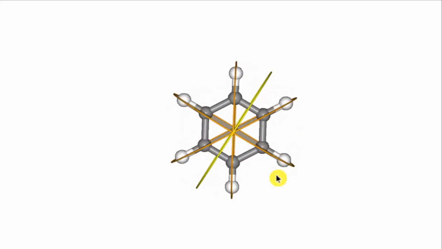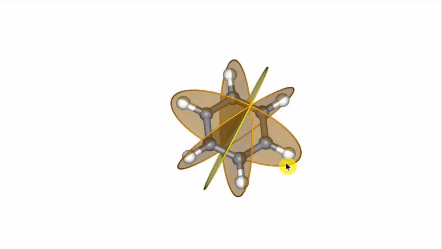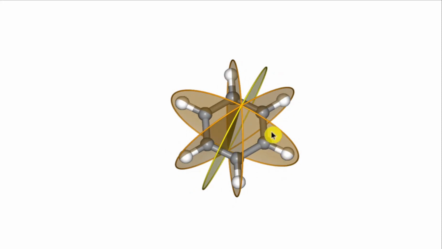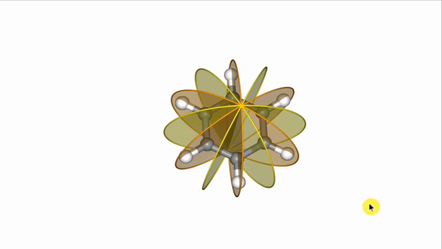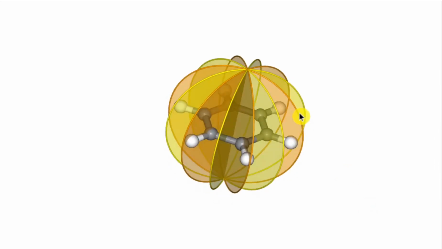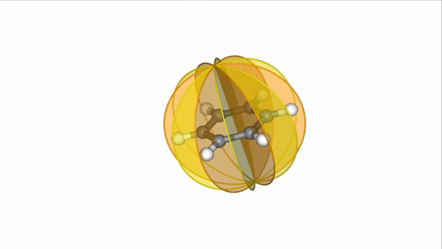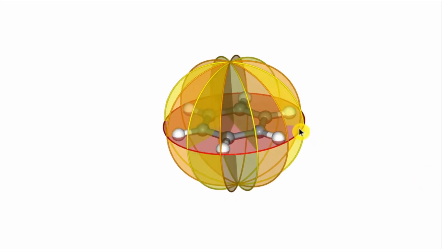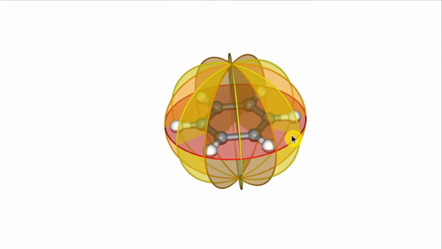It's called a dihedral plane. This is one of the dihedral planes, and the other one is this, and the third one is this. So benzene has 6 planes of this kind, and one is perpendicular to all of these 6 planes. So there are 7 planes of symmetry present in the benzene molecule.